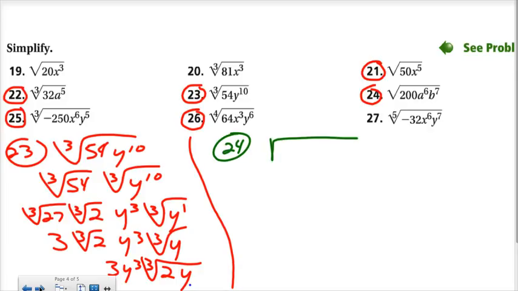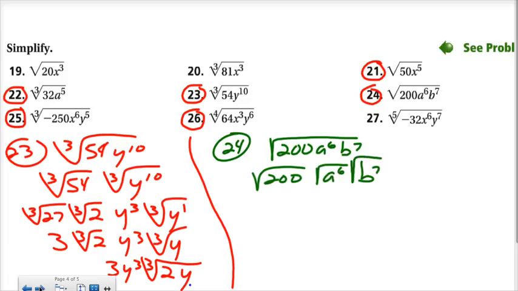With 24, we have the square root of 200, a to the 6th, b to the 7th. So we're going to go ahead and write that as a square root of 200, and then the square root of a to the 6th, b to the 7th, and we're going to remember that our index here is a 2. So for the square root of 200, that would be the square root of 100 times the square root of 2.